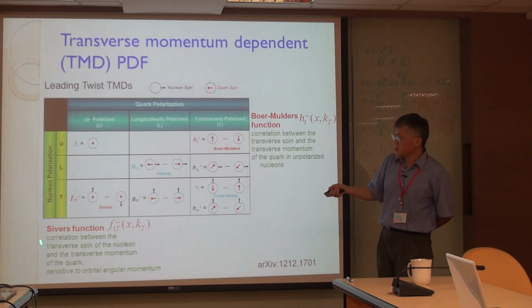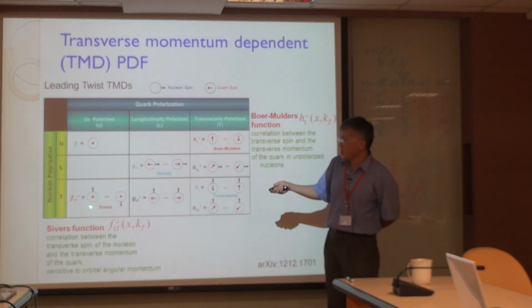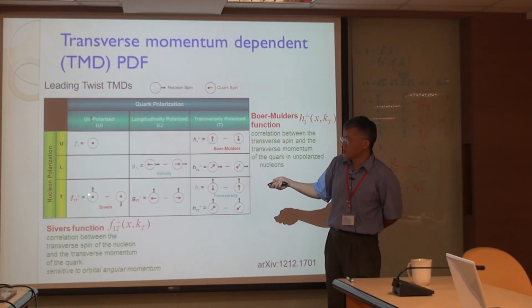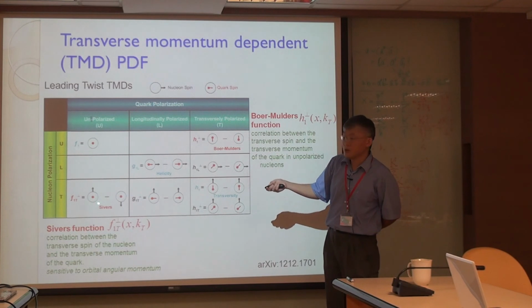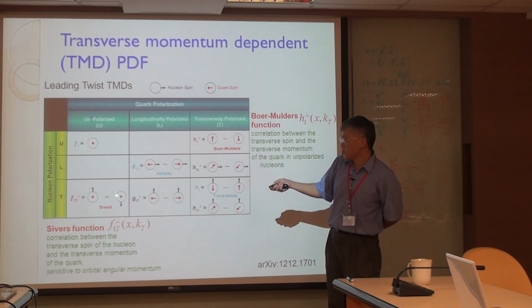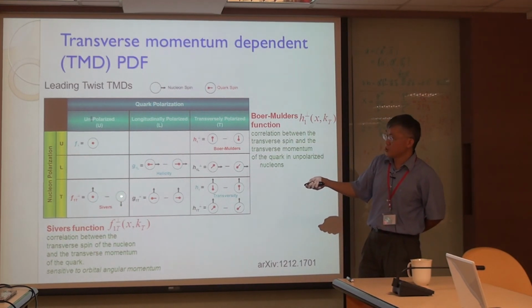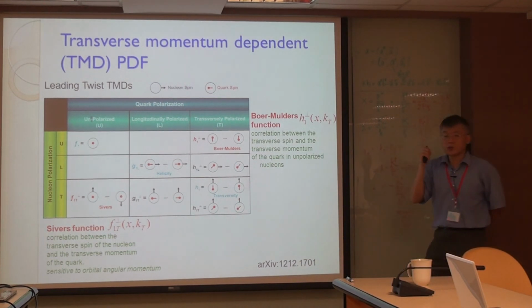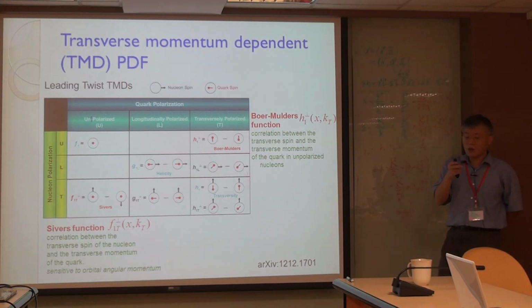Another thing is the Sivers function. The Sivers function is the correlation: if you transversely polarize a nucleon, how the transverse momentum distribution of the parton is correlated with the overall transverse spin of the nucleon. So there are these two correlation functions for the TMD.